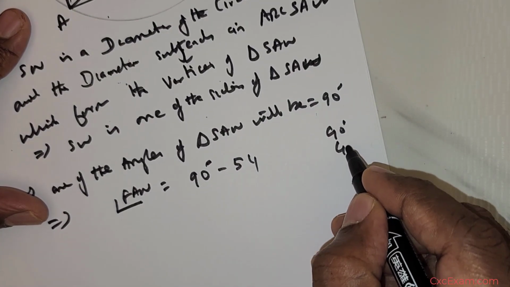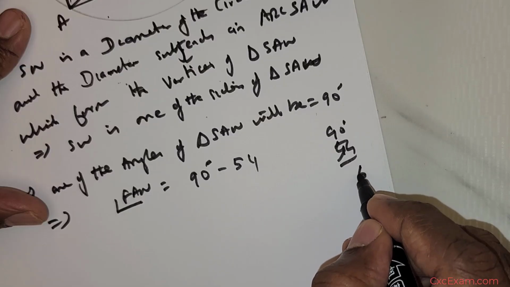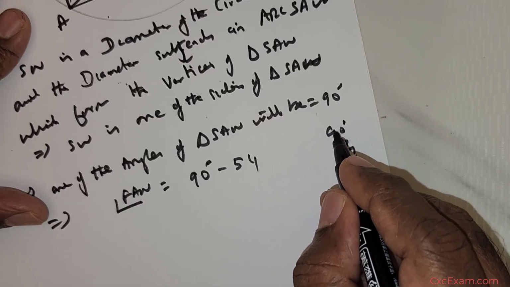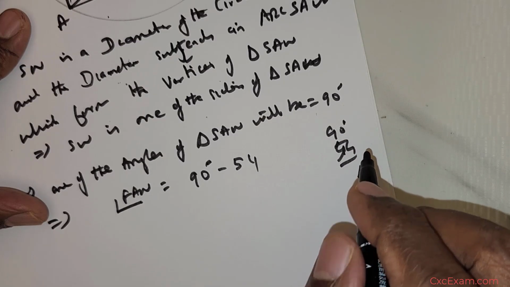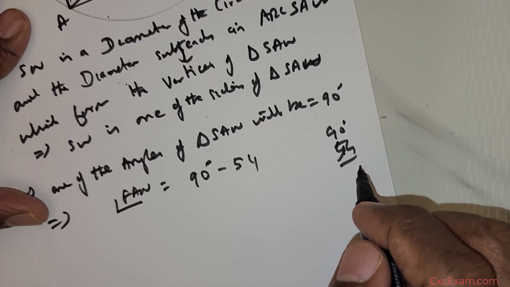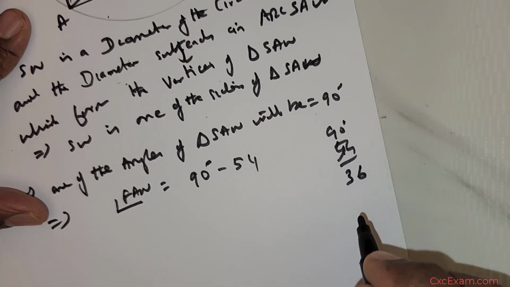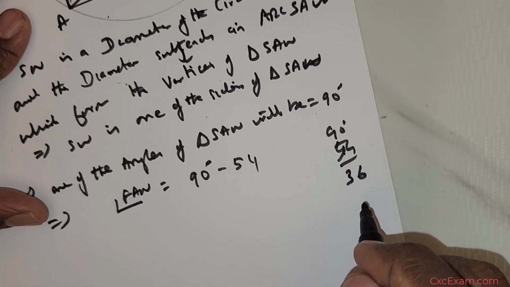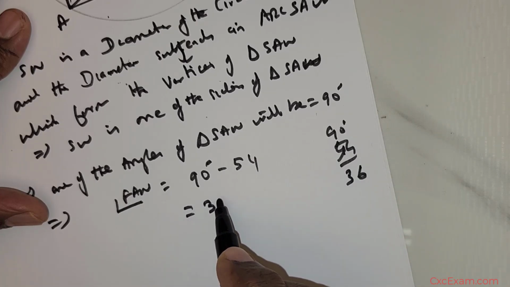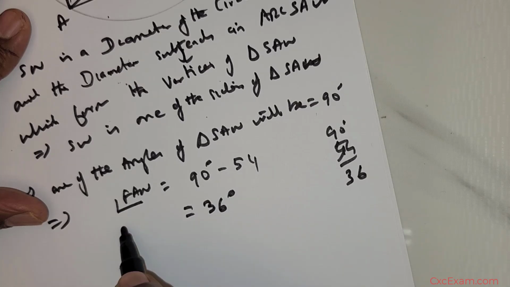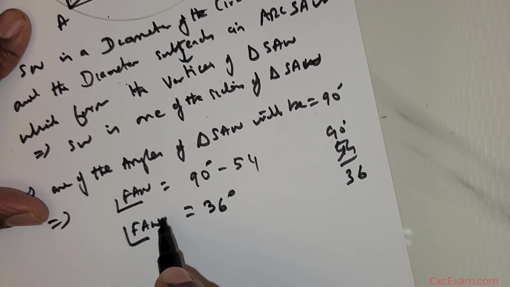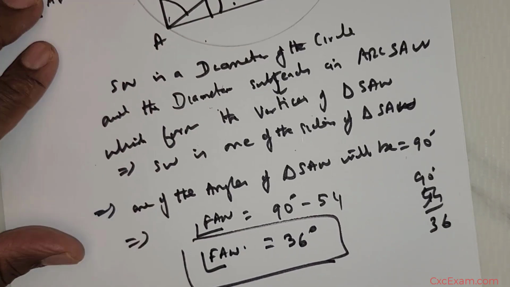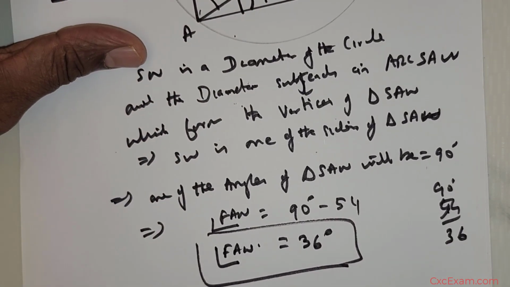So 90 and 54, 10, 6, you have 8. From 8 you take away 5, you get 3. So this is equal to 36 degrees. So this is angle FAW. So that's the solution for this question.